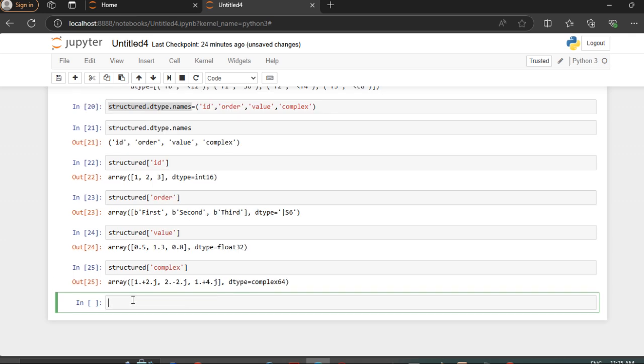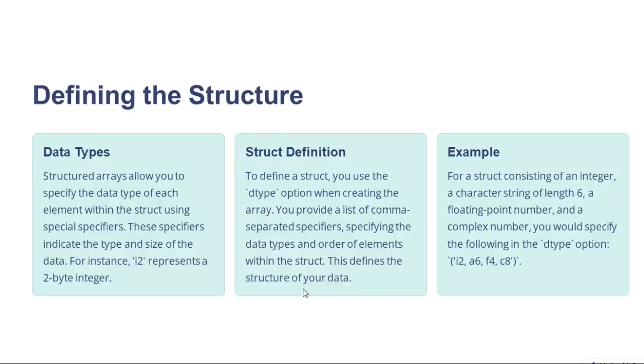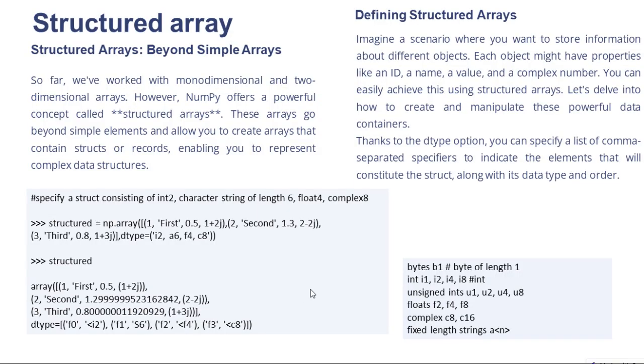So that's it. Just quickly revise what we have learned in today's session: what structured arrays are. They are different from unidimensional and two-dimensional arrays, because structured arrays can be used when you want arrays that contain structs or records, which can represent complex data structures. We saw how we can create a structured array with different data types.